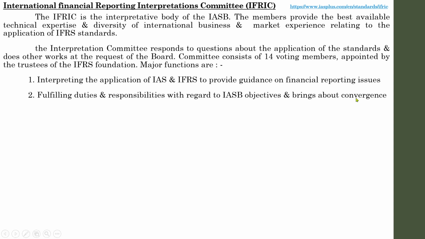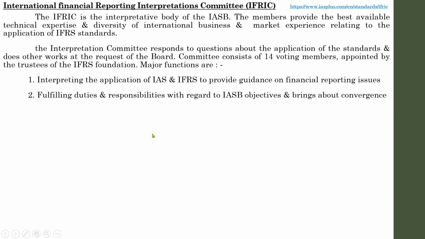We have learned that in the present scenario there are international accounting standards, and all the accounting standards around the world adopted by different countries. Now the international body is trying to bring together or unify all the accounting standards. That is known as convergence, and IFRIC assists IASB in bringing about convergence or adopting the national standards.